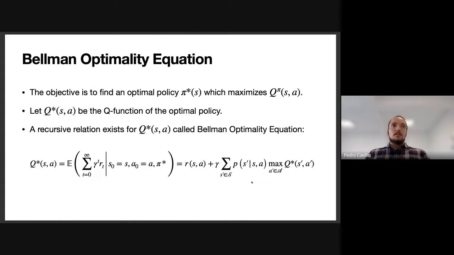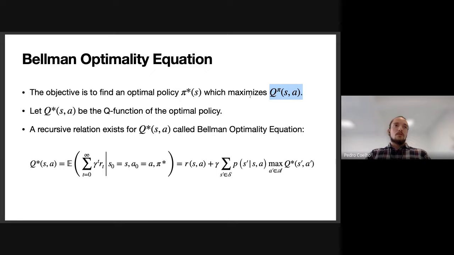So the last theory concept that we'll see here is the Bellman optimality equation. The objective of reinforcement learning is basically to find an optimal policy that we call pi star that maximizes the values in the state action value function.